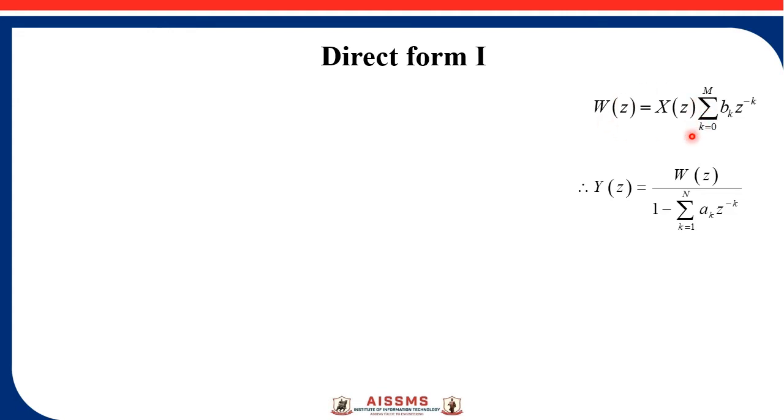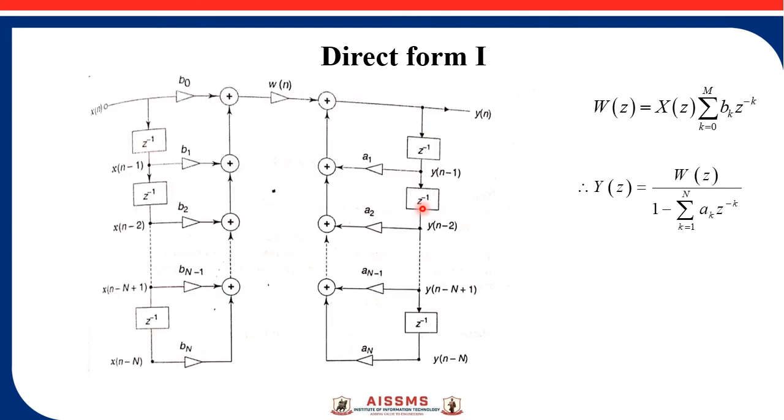Now once again I have rewritten the two equations for your reference. And now this is the direct form 1 structure. As you see, this W of z corresponds to w of n, because this is the z transform of w of n. And these are the zeros of the equation.